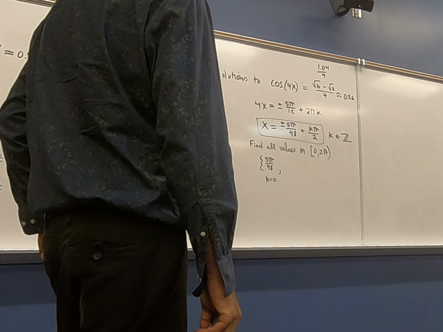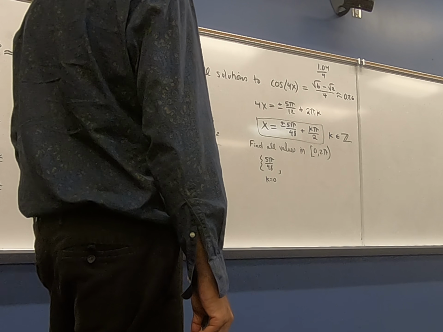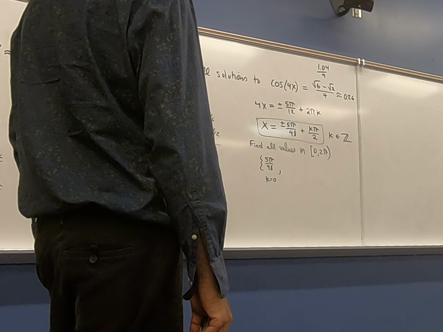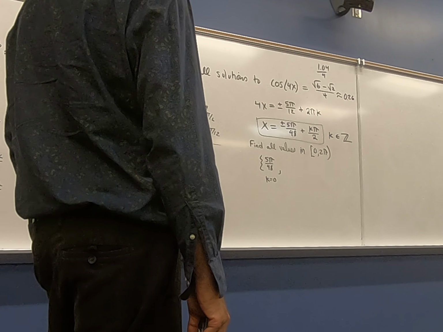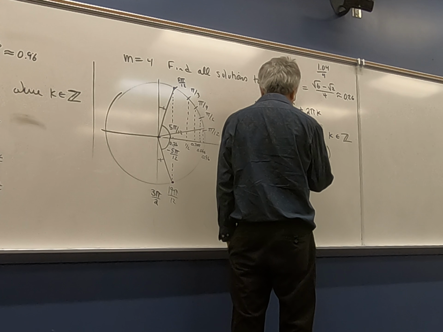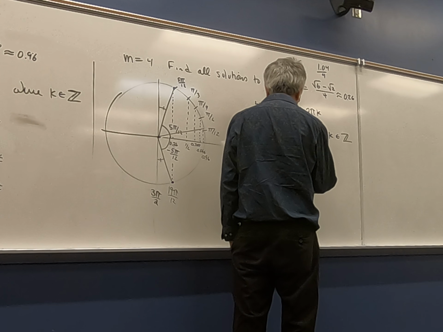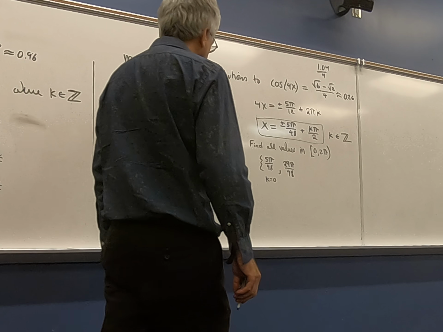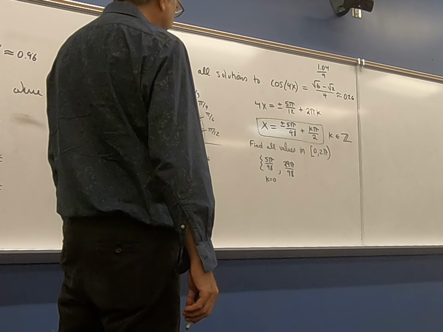So that's going to be like 24 pi over 48. Pi over 2 is 24 pi over 48. So if I add 24 to that, I'm going to get 29 pi over 48. That's a lot of pi over 48. But it's still less than 2 pi, right?